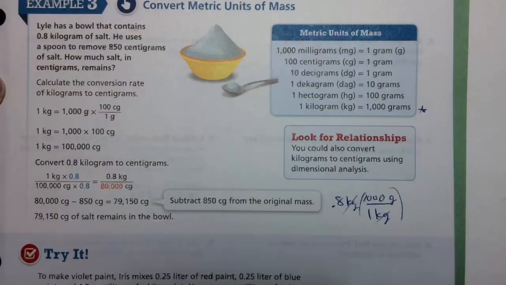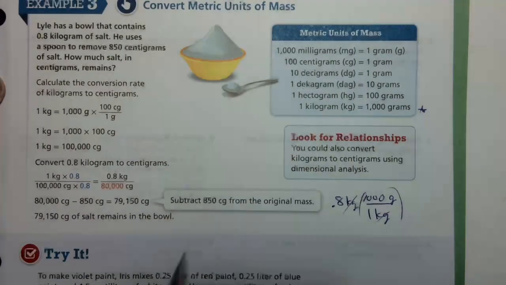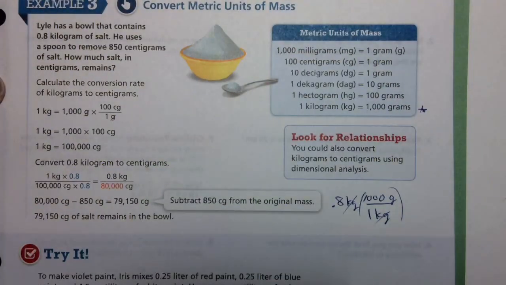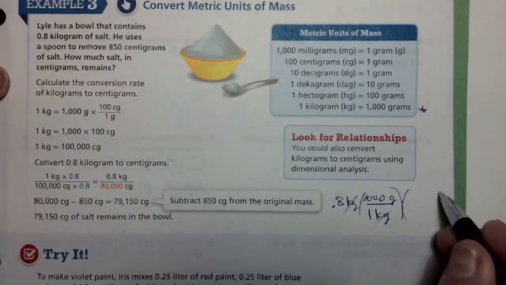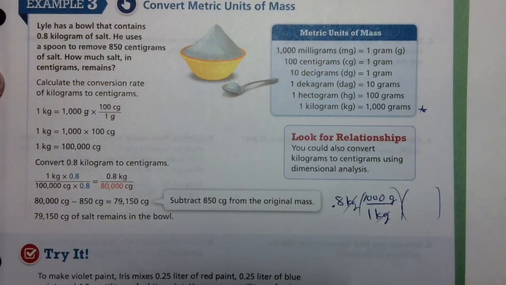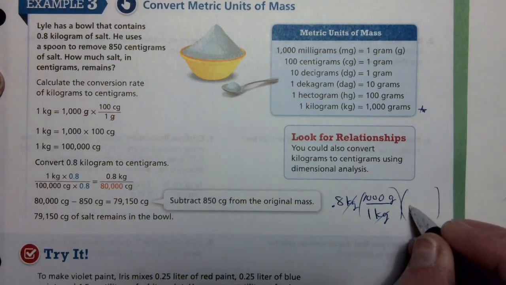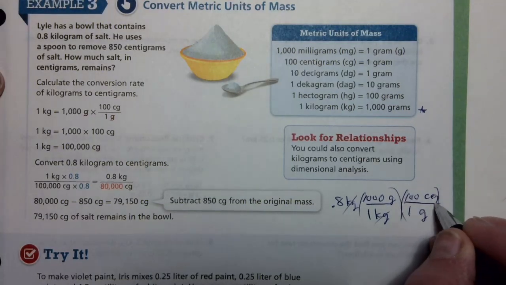Then I'm going to look up here, and I want to go to centigrams. So here's grams and centigrams. And the prefix cent, C-E-N-T, centi, means 100. So I know there's 100 of these in one of these, like there's 100 pennies in a dollar. That's why we call them cents, 100 cents. Okay, so I want my 1 gram down here, and I want my 100 centigrams right here.